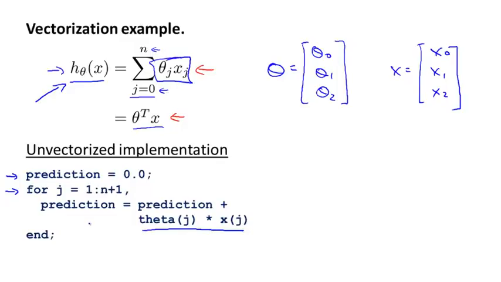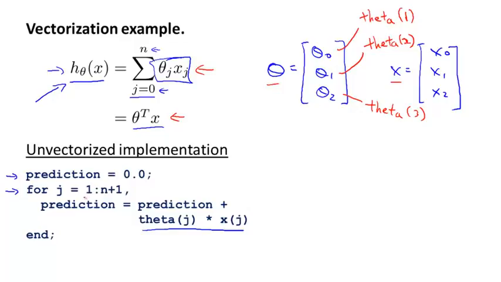By the way, I should mention that in these vectors that I wrote over here, I had them being 0-indexed, so I had theta 0, theta 1, theta 2. But because MATLAB is 1-indexed, theta 0 in MATLAB we might end up representing as theta 1, the second element as theta 2, and the third element as theta 3, just because vectors in MATLAB are indexed starting from 1, even though I wrote theta and x here starting indexing from 0.